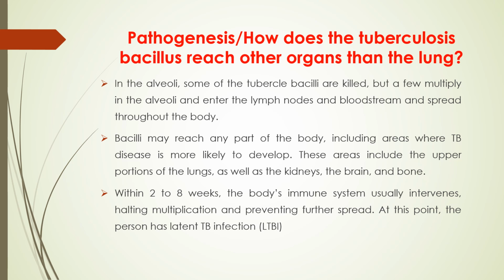They will reach any part of the body, but more likely the upper part of the lungs, the kidneys, the brain, and the bones. Within 2 to 8 weeks, the body's immune system usually intervenes, halting multiplication and preventing further spread. At this point, the person has latent TB infection.